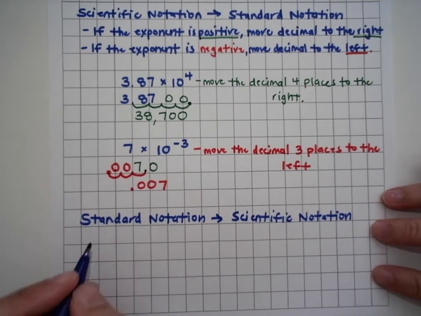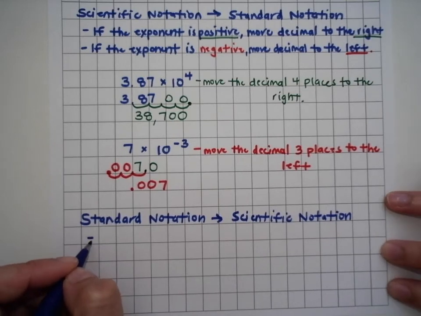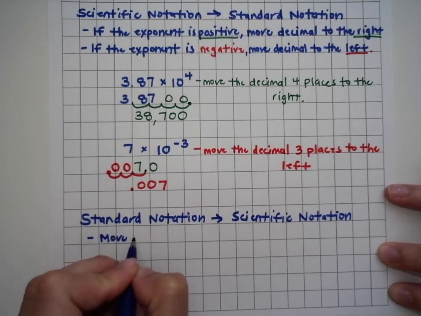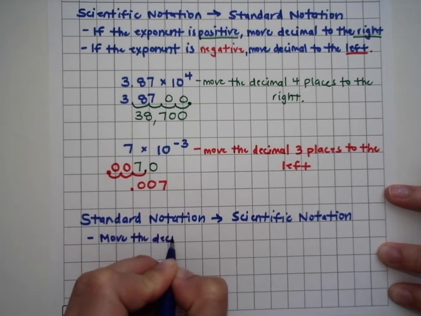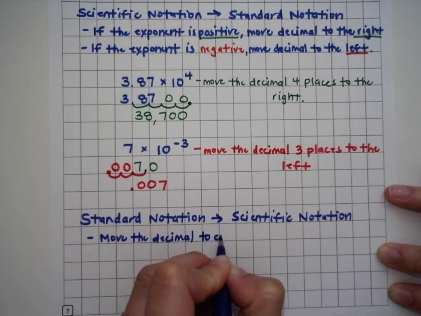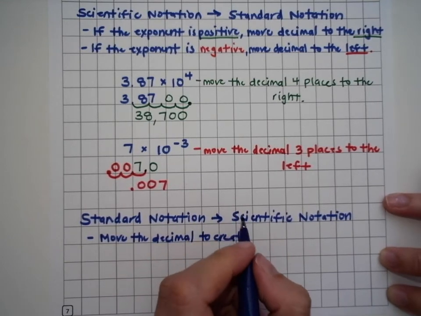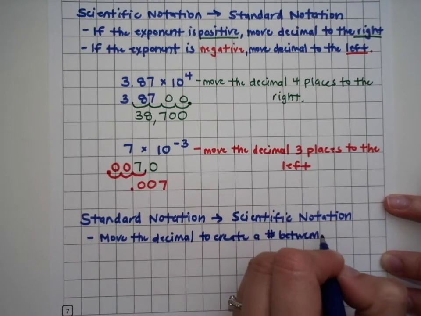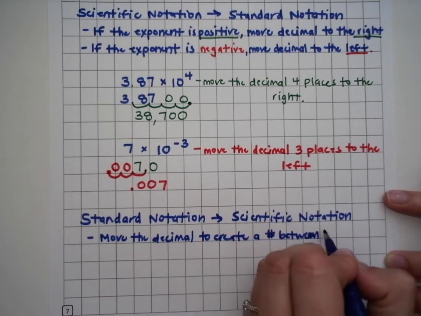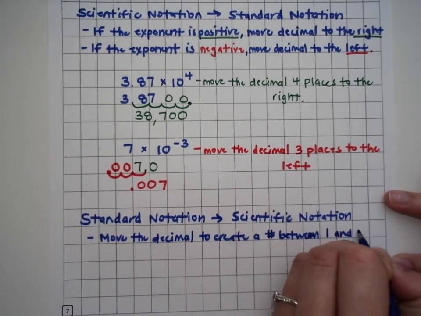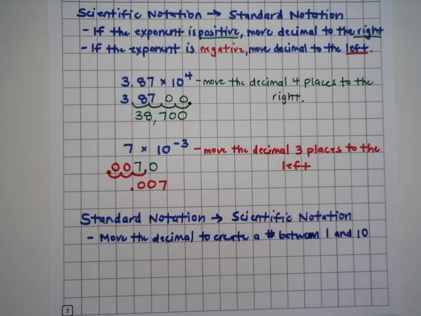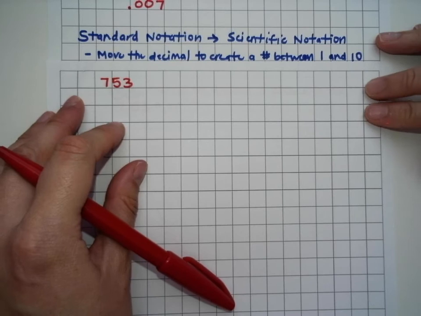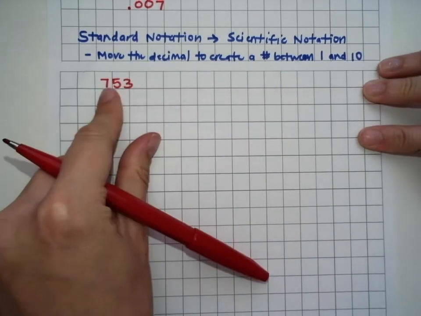Okay, so the only thing you're going to have to do here is move your decimal to create a number between 1 and 10. This is between 1 and 10.